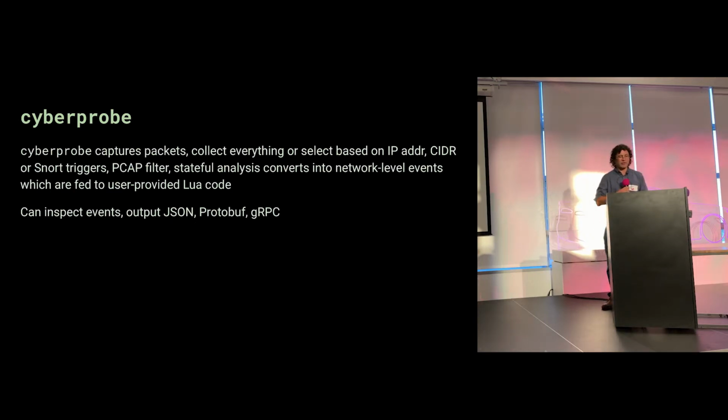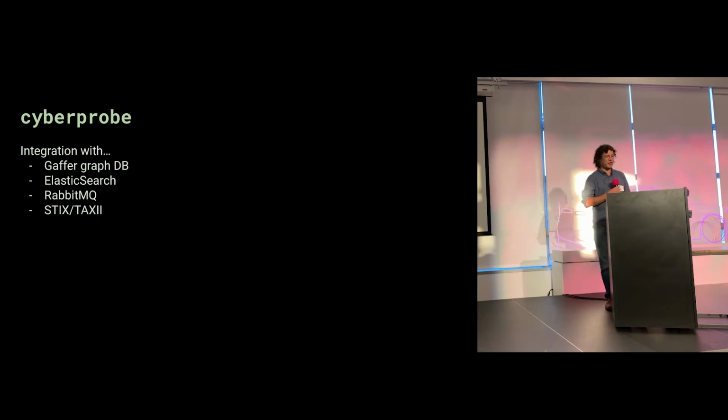So I've used this to inspect events. It can output JSON, it can output protobuf, send events across gRPC to a service. I've also got integrations with the Gaffer graph database. It's a large-scale graph database. We can use that to build network maps.